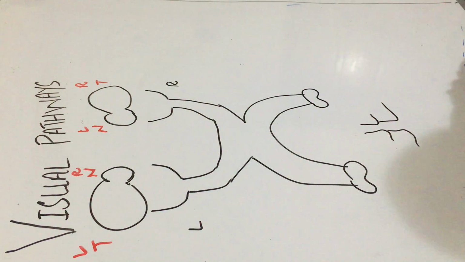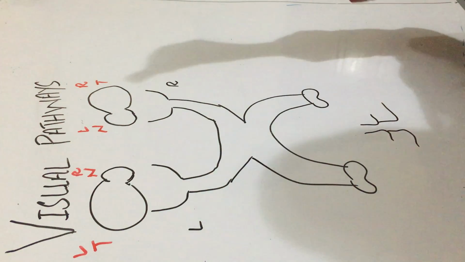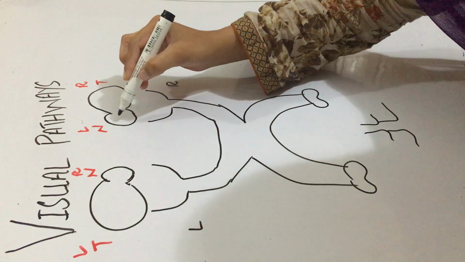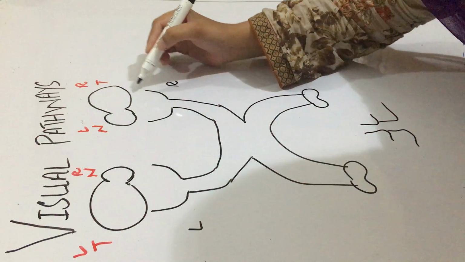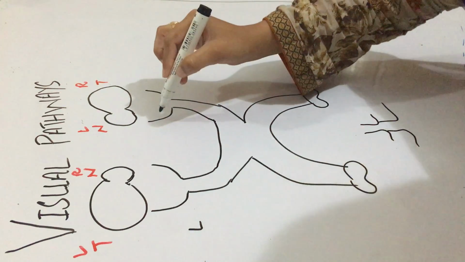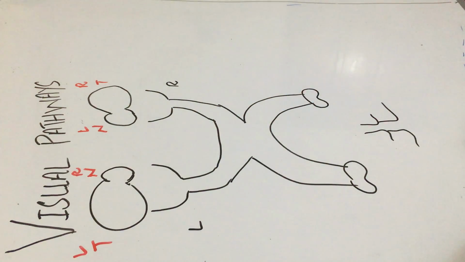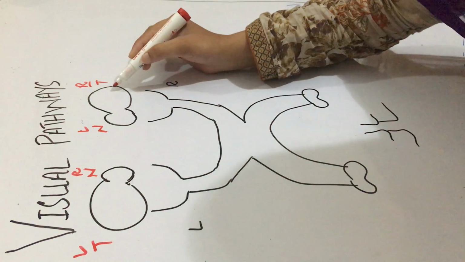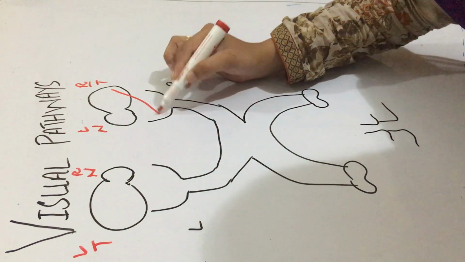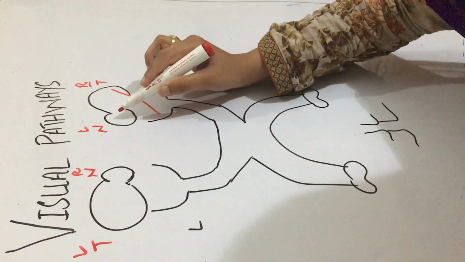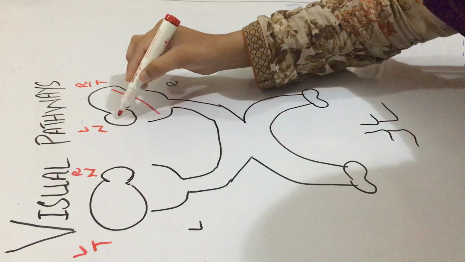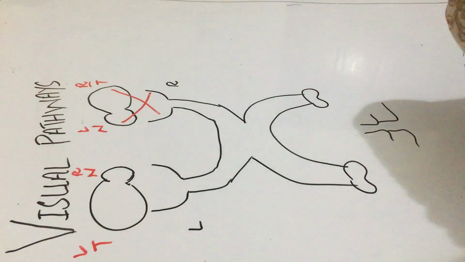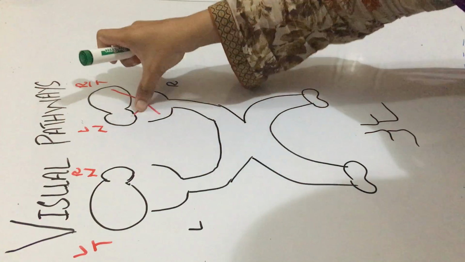Now, the light rays will not fall directly like this. Instead, from here the light rays will fall here, and from here they will fall on this side. Now I draw that from the temporal side of the visual field, the light rays will go here. I use a different color for these.